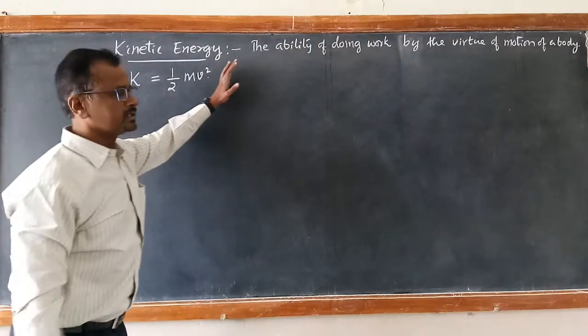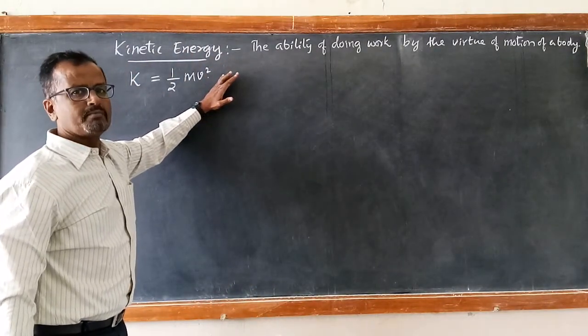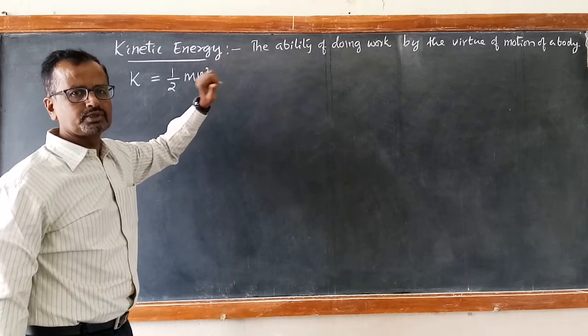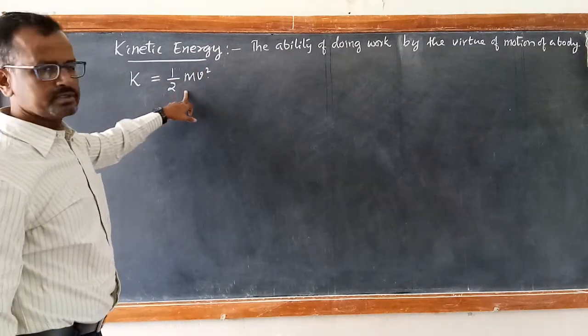In simple terms, we can say kinetic energy is the energy possessed by a moving body, the ability of doing work by virtue of motion. The energy possessed by virtue of its motion is called kinetic energy, which we know is half mv square.